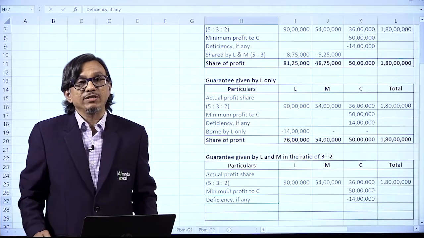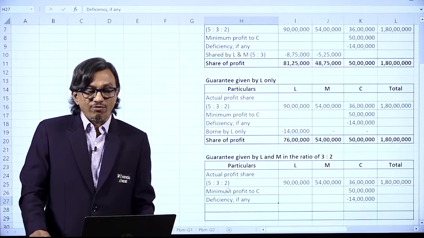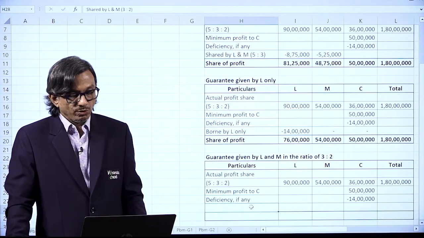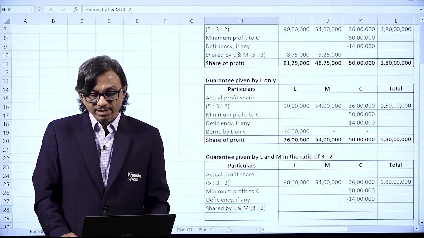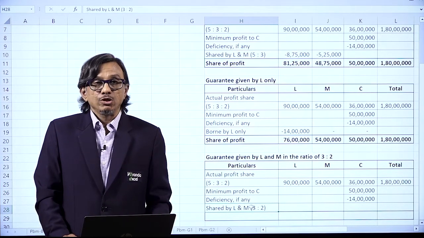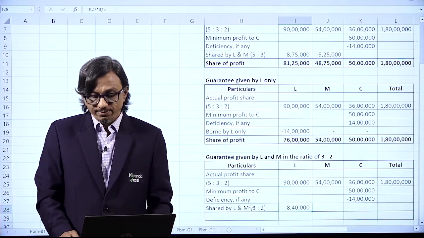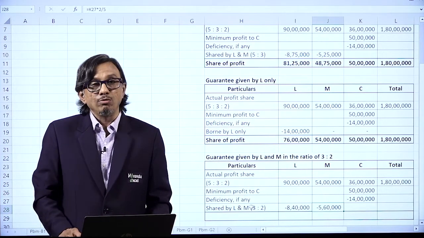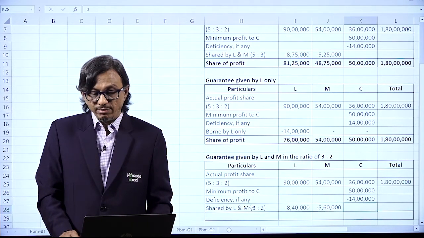Who should bear the deficiency? Both L and M in the ratio of 3:2. So, therefore, you write shared by L and M, ratio 3:2. So, this 14 lakhs, 3/5 will be borne by L and 2/5 will be borne by M, that is 8,40,000 and 5,60,000.